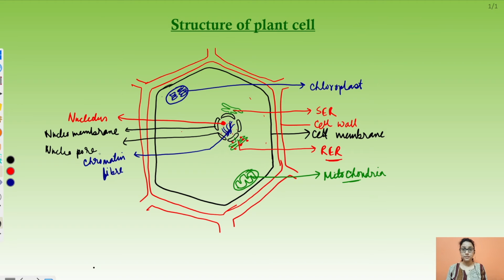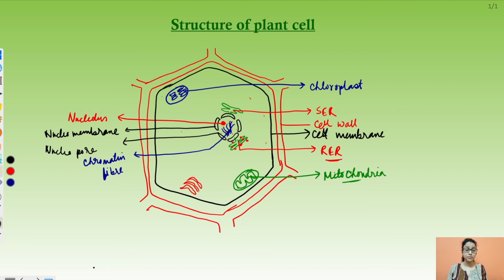Here we can find another cell organelle, and this is Golgi bodies. These Golgi bodies will be present in scattered condition in the cytoplasm of the plant cell. We have to remember that the concave surface of these Golgi bodies will always face towards the nuclear membrane, and the convex side will always face towards the cell membrane.